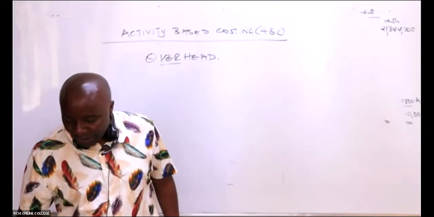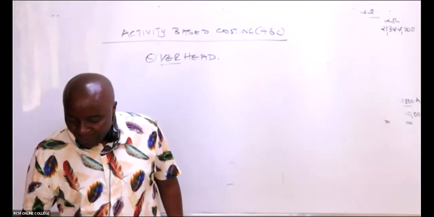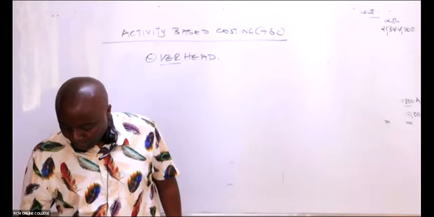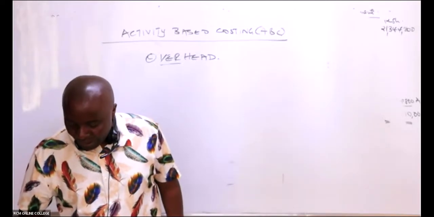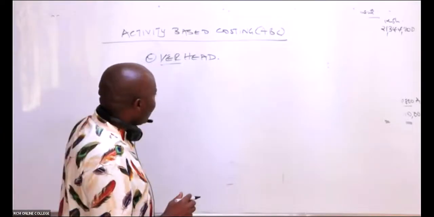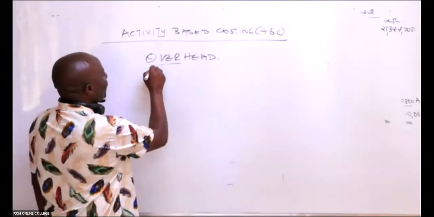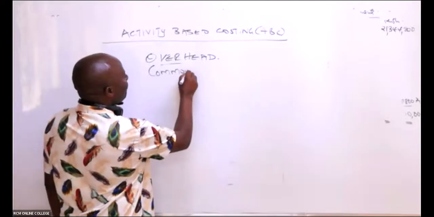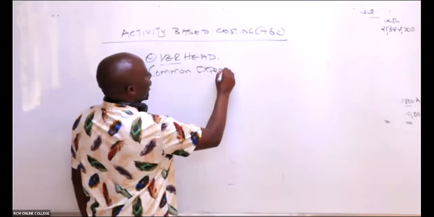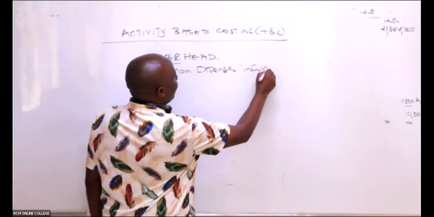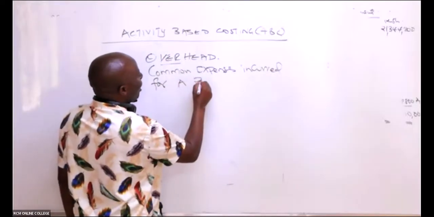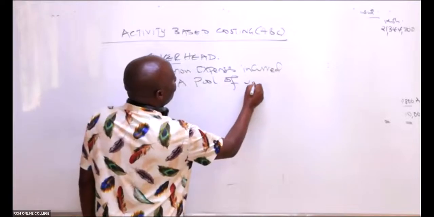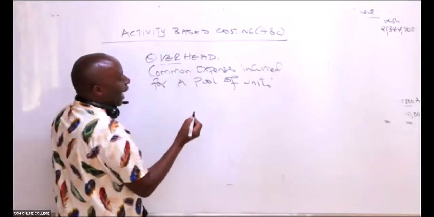These common expenses will need what we call apportionment. They are common expenses incurred for the benefit of many units, a pool of units. They could be 100 units.